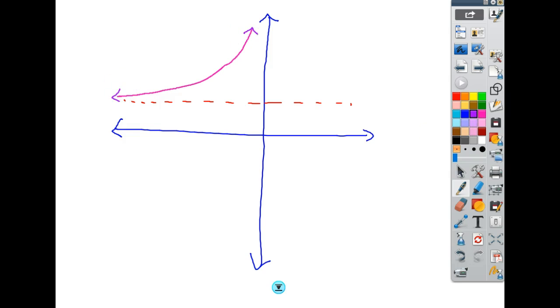So let's just take this part of the graph. Let's say this is at -1. Let's say this is at +2. Okay, so the domain is going to be all real numbers.